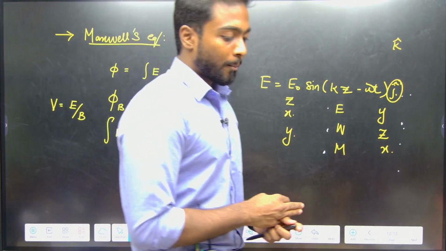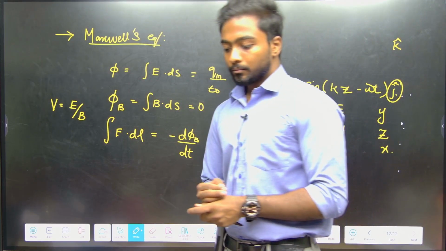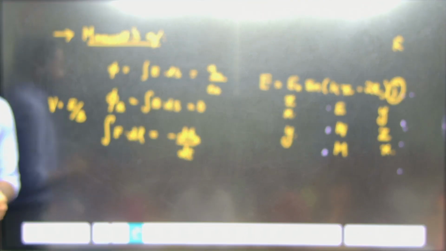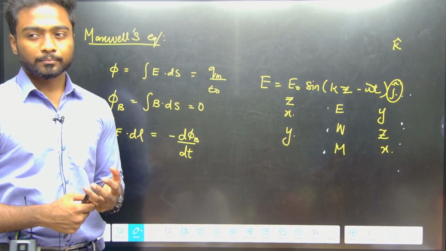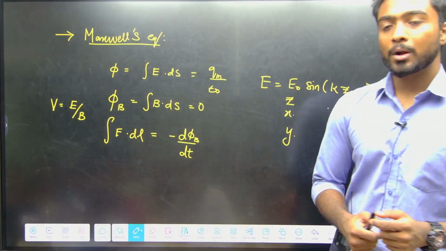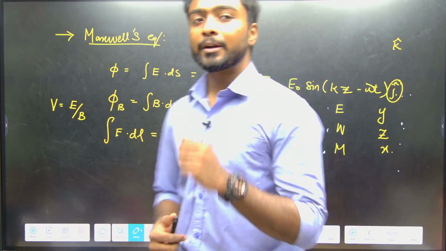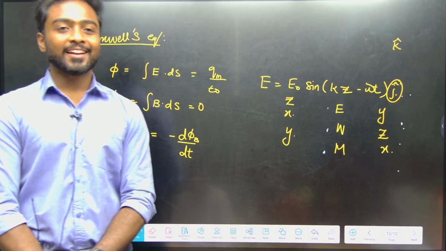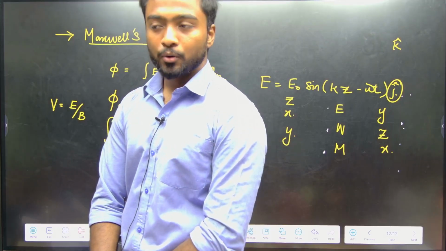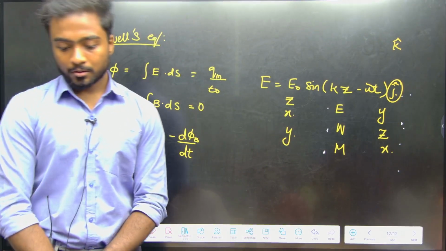Okay. The next point: in electromagnetic waves, the wave travels with a speed which is equal to the speed of light.